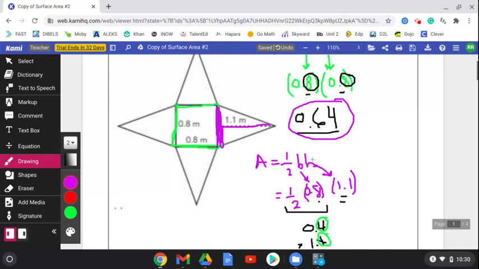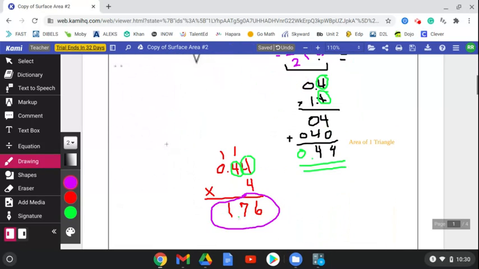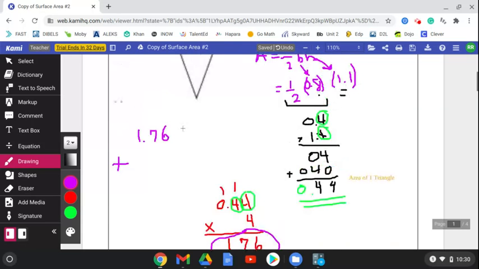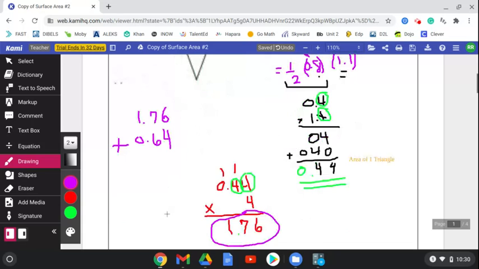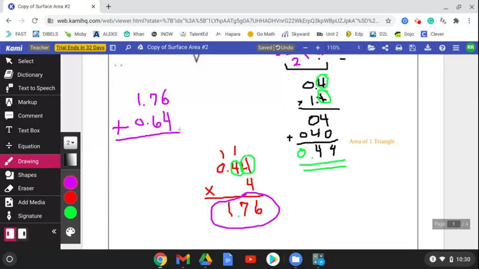And so what I need to do is add those together. So I have 1.76, that was the area of the 4 triangles, plus the area of the square, which was 0.64. So notice how I'm adding decimals here. I'm lining my decimal up. 6 plus 4 is 10, so put a 0, carry the 1. 1 plus 7 is 8. 8 plus 6 is 14. And 1 plus 1 is 2.